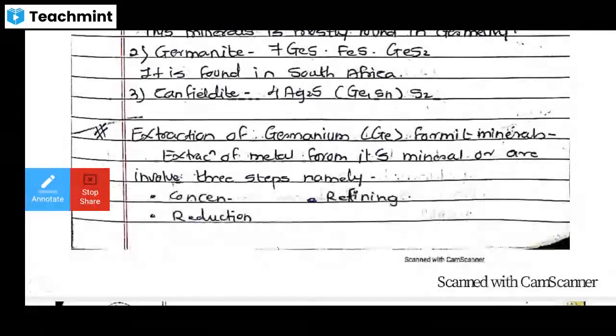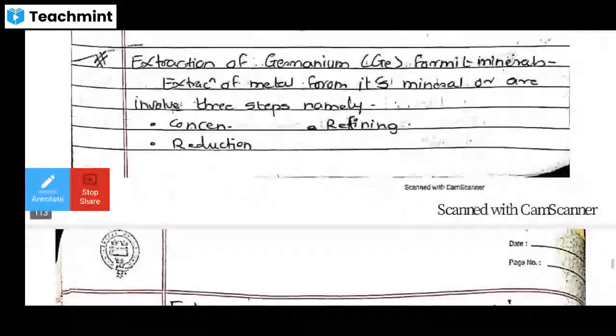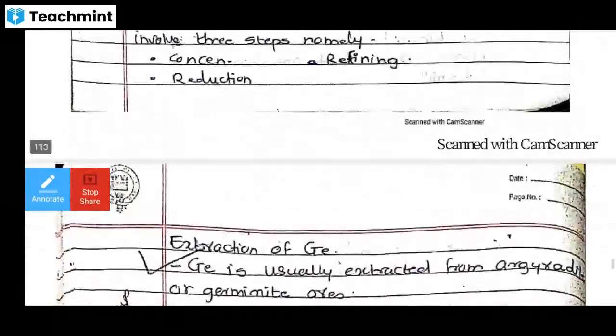It is not a freely available metal. It exists in the earth's crust along with other metals, so we have to perform an extraction process. Along with extraction, purification is also required. The extraction of germanium, like the extraction of metals, involves three steps, including reduction.